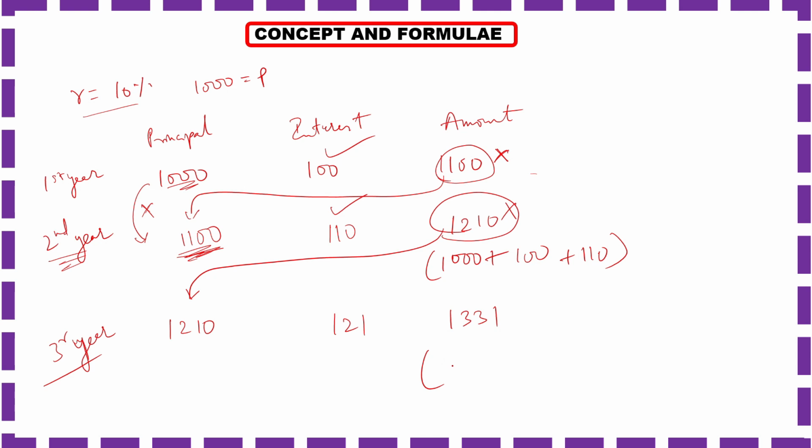Why 1331? 1000 is the principal, 100 is the first year's interest, 110 is the second year's interest, 121 is the third year's interest.